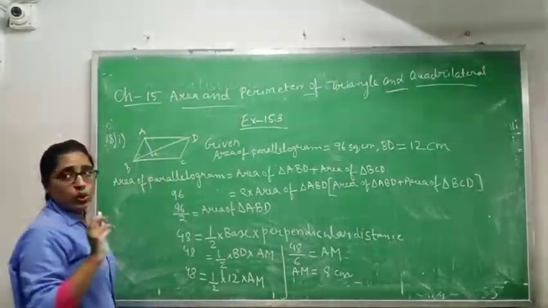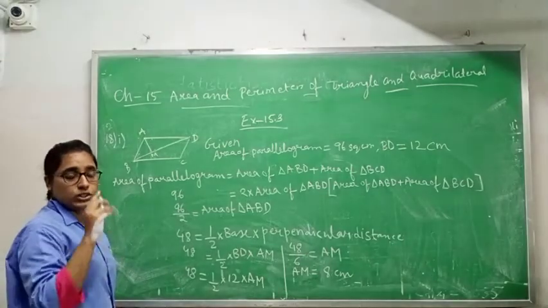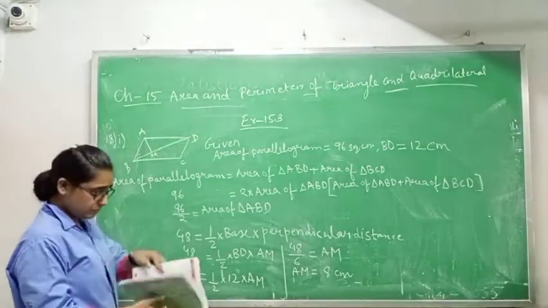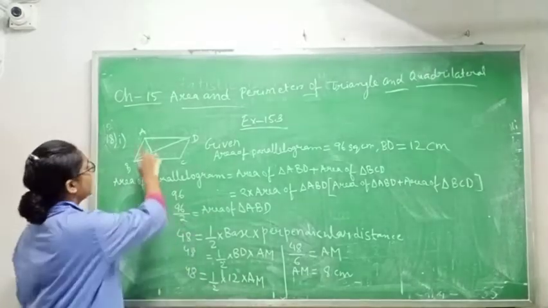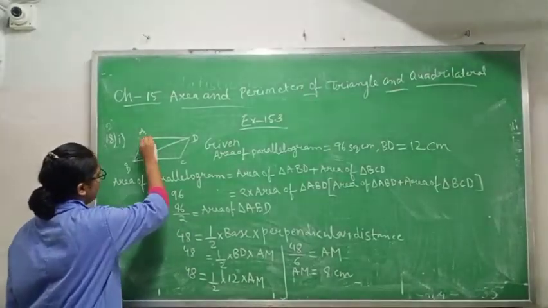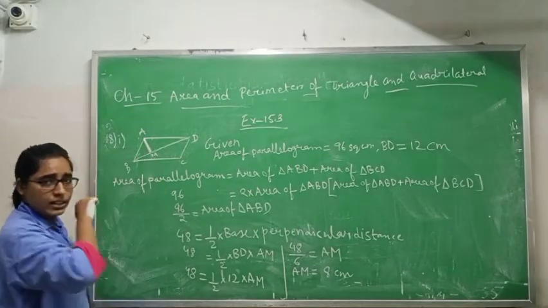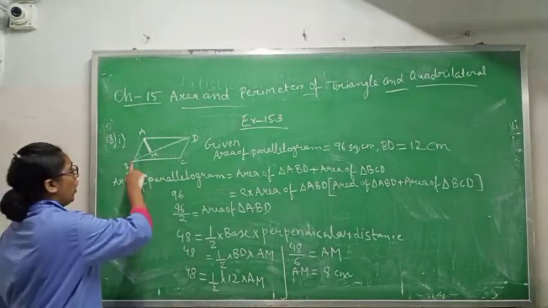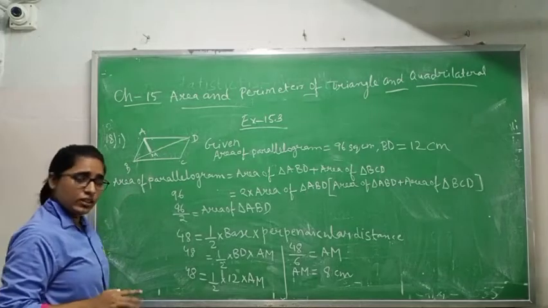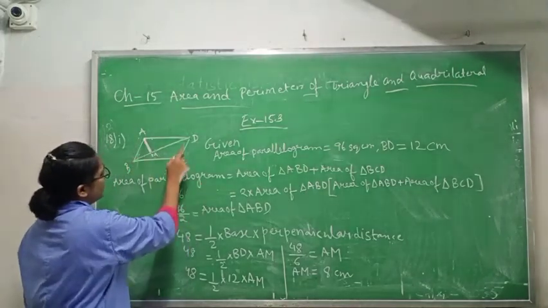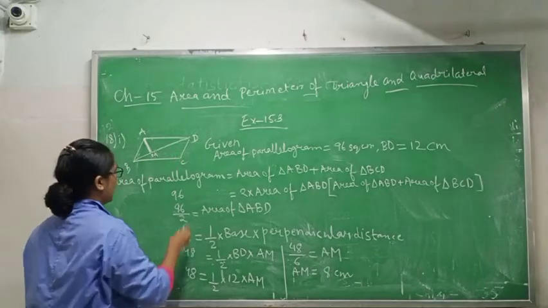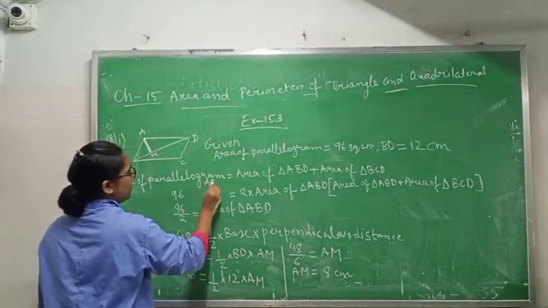So they are asking what is the perpendicular length drawn on diagonal BD from the point A. So from the point A means from this point we have to draw one perpendicular on which? On BD. Now area of parallelogram ABCD you can write.